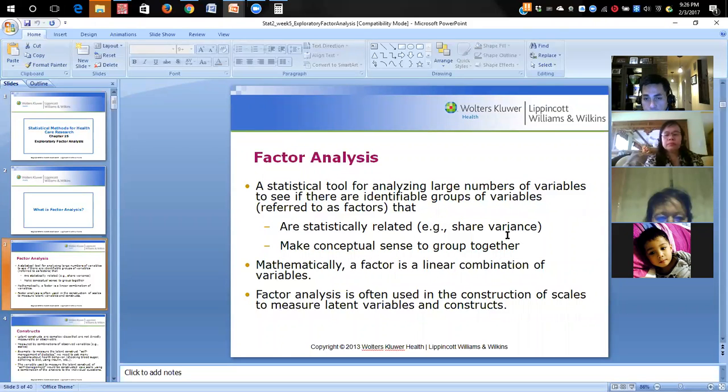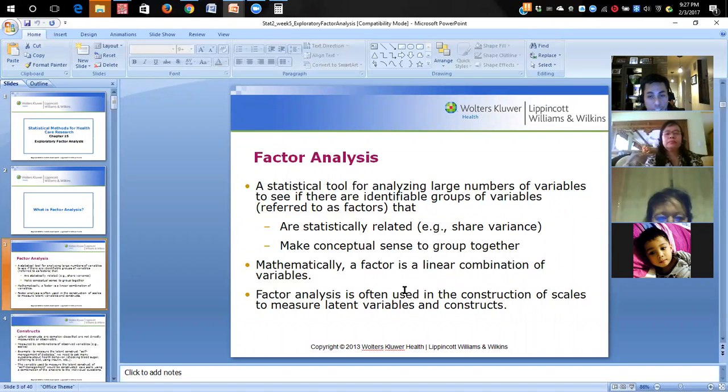They're going to look at the shared variance, and the factor analysis will make conceptual sense to group those variables into factors because of shared variance. Mathematically, factor analysis is a linear combination of variables. So that's why they hug each other.